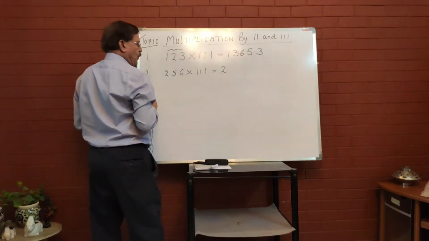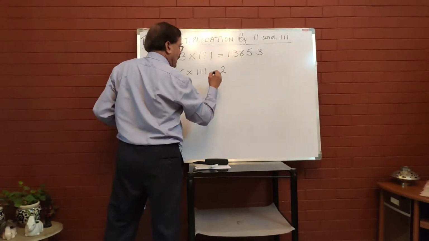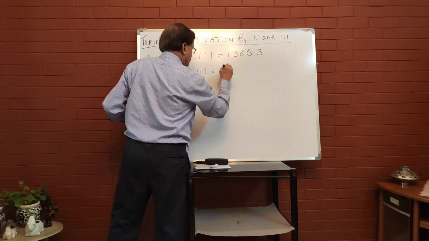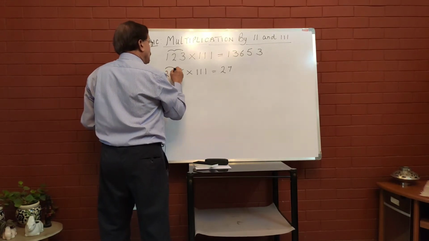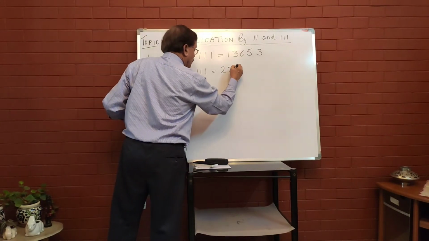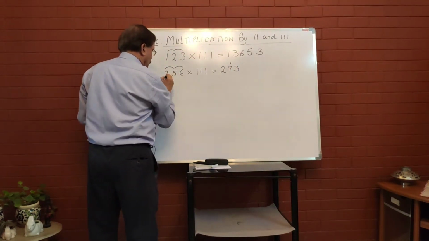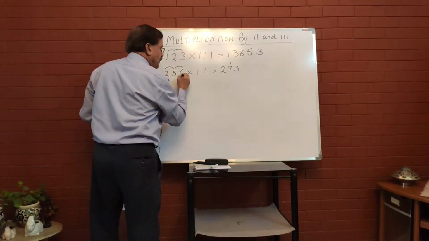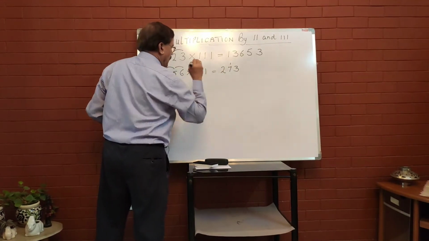The second number, sum of 2 plus 5, which is 7. Next, 7 plus 6, 13, 3, 1 carry. Now what did I do? 2 as it is, 2 plus 5, 7, and 7 plus 6, 13. 13, 3, and 1 carry over here.